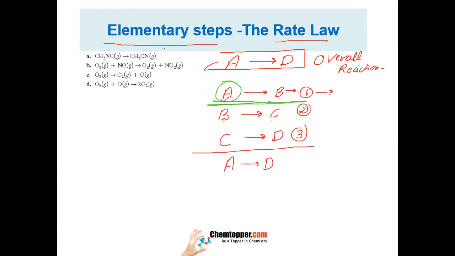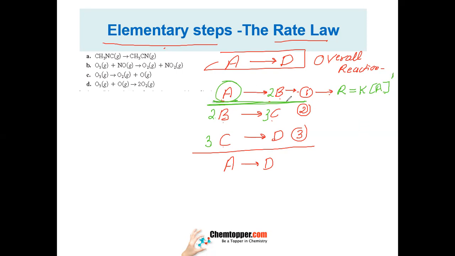Only one. So the rate law for step 1 is, let's say I'm just changing this to make a different type of reaction, k times concentration of A raised to power 1. Only one molecule is involved.